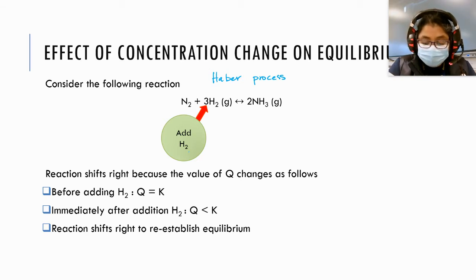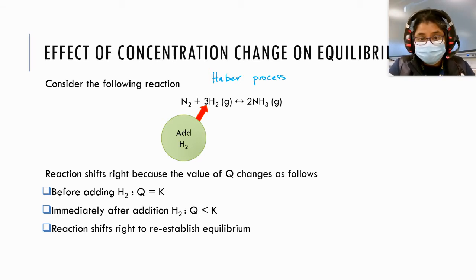But immediately after you add the H2, your ratio of products over reactants changes: now you have more reactants than you would have when Q is equal to K. So now Q becomes smaller than K, because you have added more reactants.